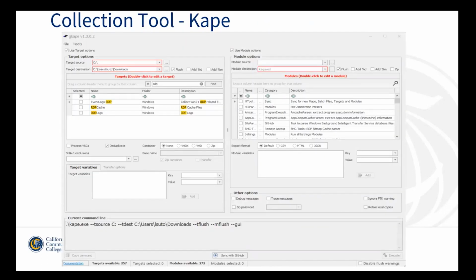There's one nice tool called CAPE, which gives you the ability to collect a lot of different types of evidence. You could target all kinds of Windows system files, certain categories of files. Here, this is basically for an RDP intrusion.